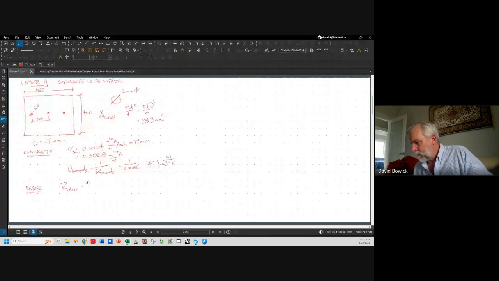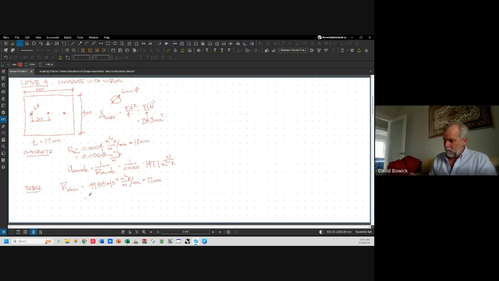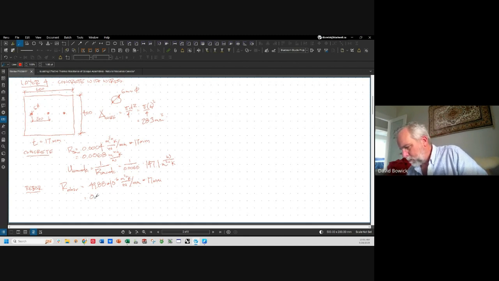You see that right here. 49.88 times 10 to the minus 6 meters squared degree Kelvin per watt per millimeter, times 17 millimeters, equals 0.00085 meters squared degree Kelvin per watt.